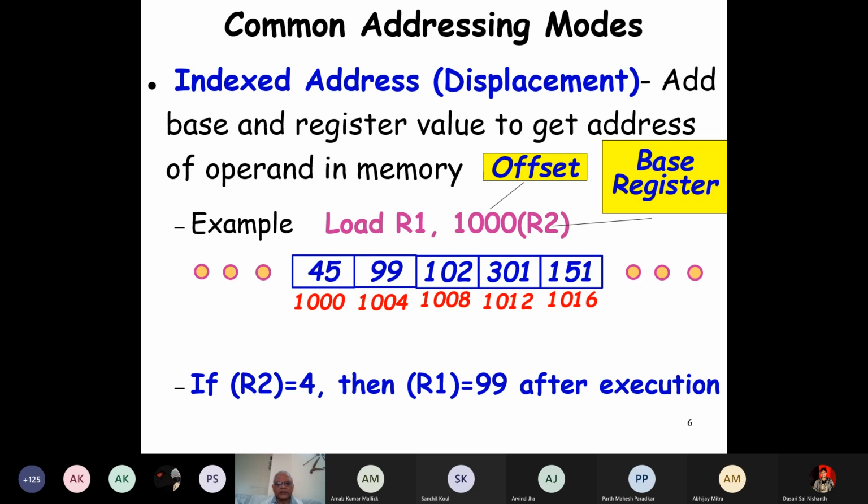Maybe 1000 is the start of the memory location from which the array elements are stored in successive locations. So the start address of the array is the offset, and R2 will contain 0, 1, 2. Each time we will increment R2, so 0, then 4, 8, 16, etc. We will increment R2, and the address then will become the successive addresses of the array elements. Let's take an example again.